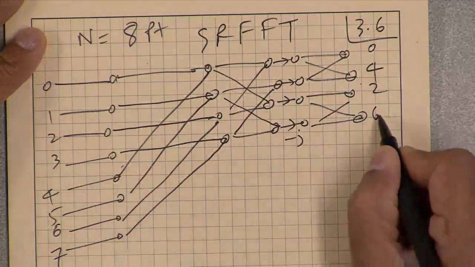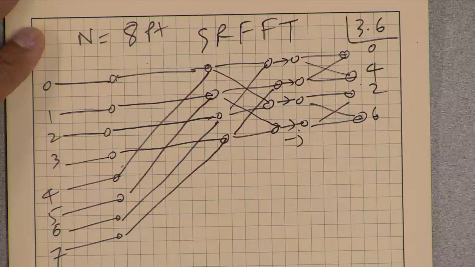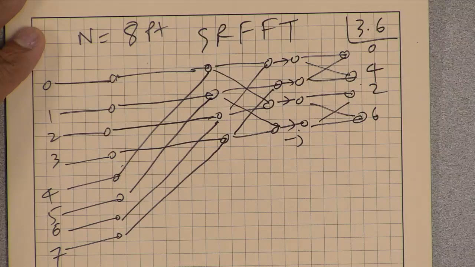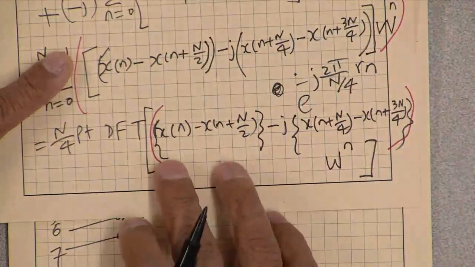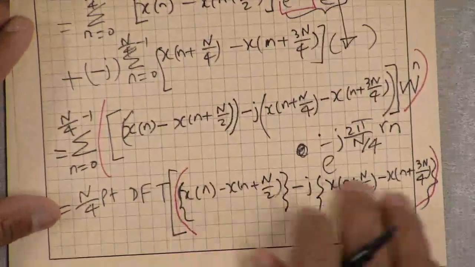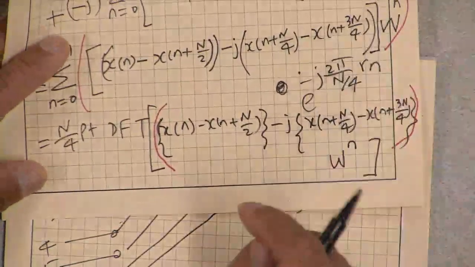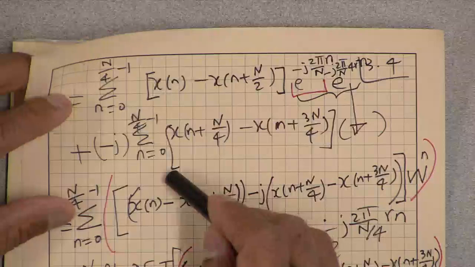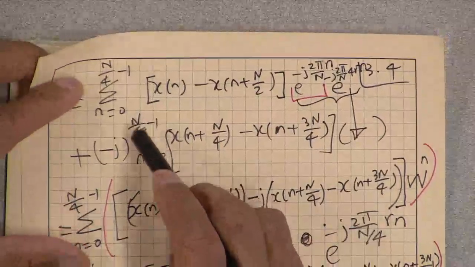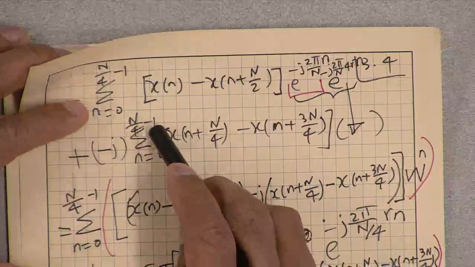Okay, so now let's go back to that equation we had for X4r plus 1. Let's take a look at what it says. In this case, capital N is 8. 8 by 4 is 2. 2 minus 1 is 1.